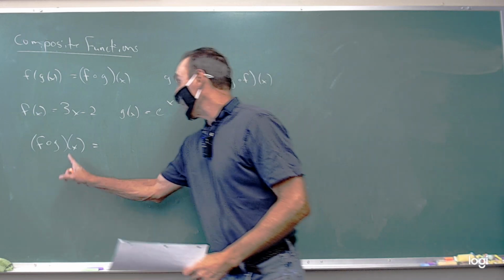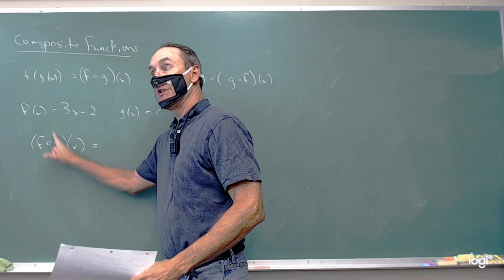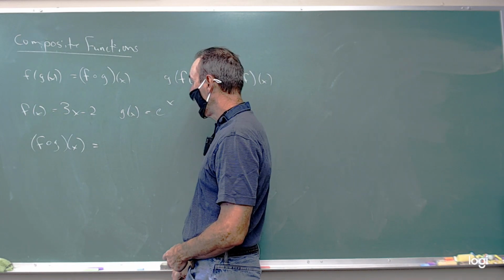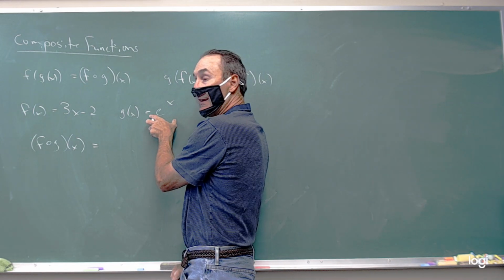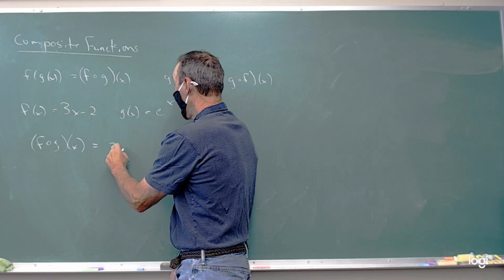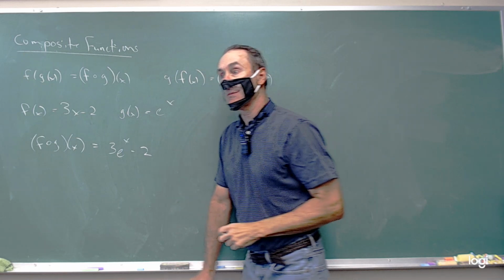So remember, you're going to put x into g and then g of x into f is the way you do that, kind of right to left. So when you put all of g in for x in f, you're going to get 3e to the x minus 2, we okay?